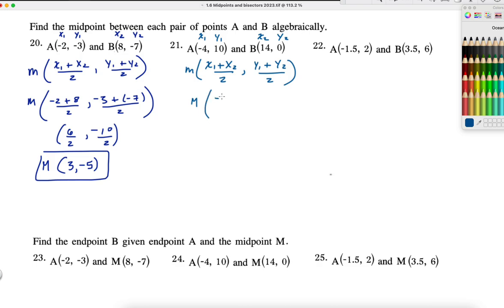So we got -4 plus 14 divided by 2. And then we're going to do 10 plus 0 divided by 2. And we get 10 over 2 and 10 over 2. Okay. So we get 5, 5 is our midpoint.